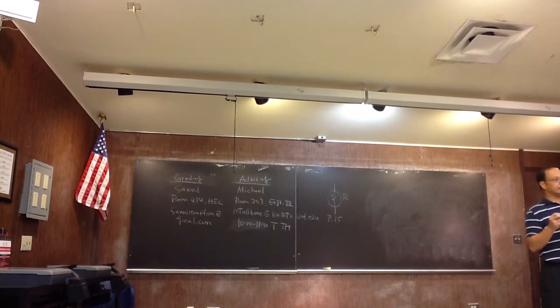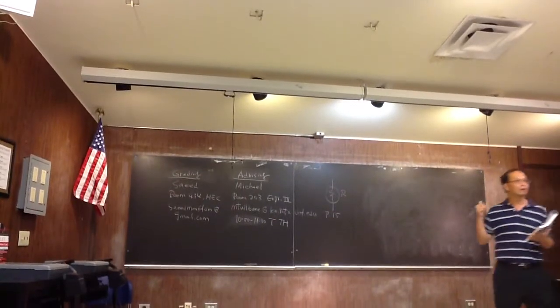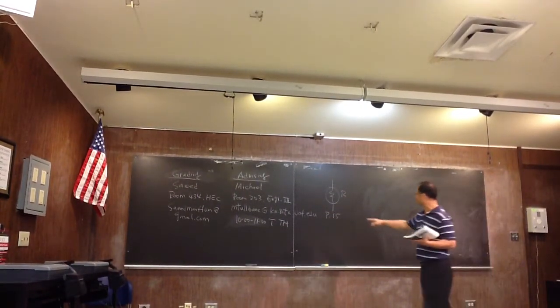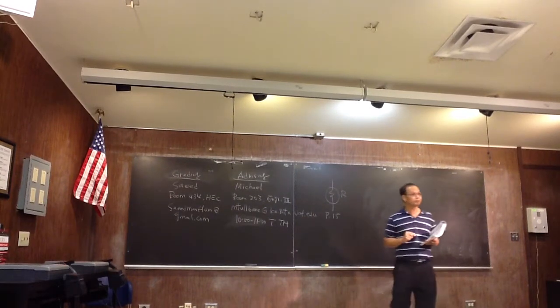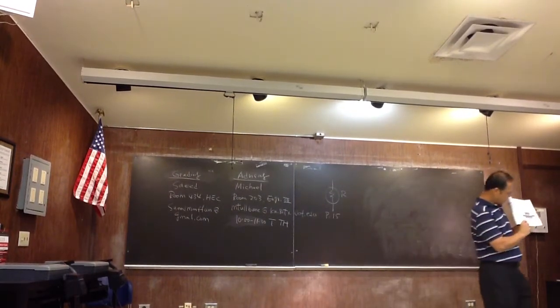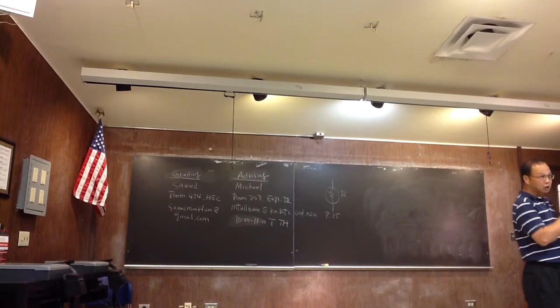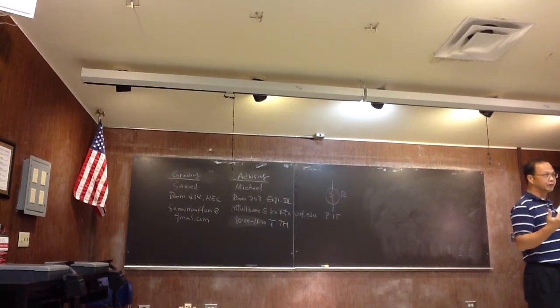The resistance is decided by the makeup of the material. Now you can see in the middle, it's a piece of material. It's coated, of course. And that material will provide a certain level of resistance.